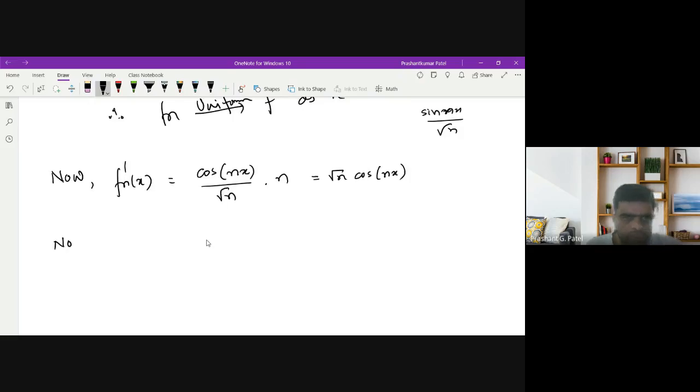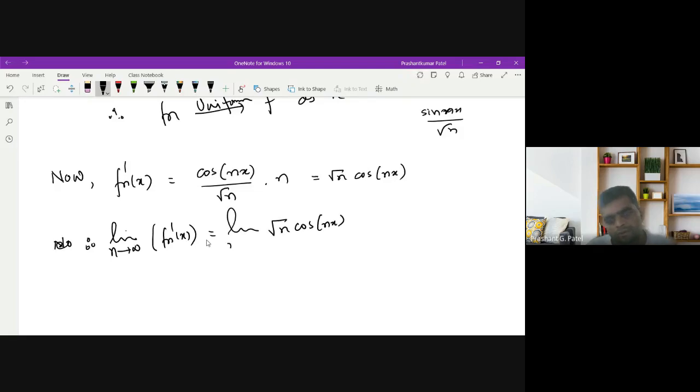Now, if I take the limit of fn dash of x as n tends to infinity, that is the limit of root n into cos nx as n tends to infinity. The function cos nx is a bounded function, and as n tends to infinity, root n goes to infinity.